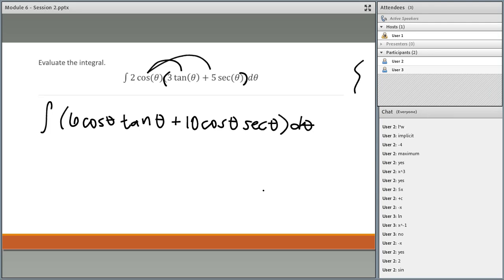So is there anything that I could do to try and simplify anything further? If we factor out cosine, we'll end up back at the original question. But what could we do? Do I know anything about tangent, for example? Is there another way that I could write tangent theta?